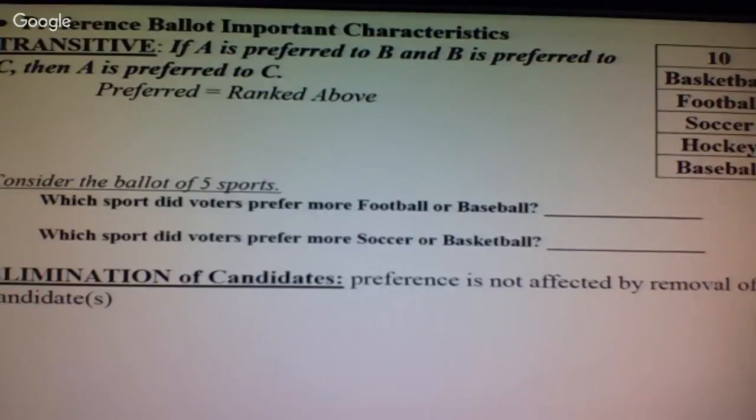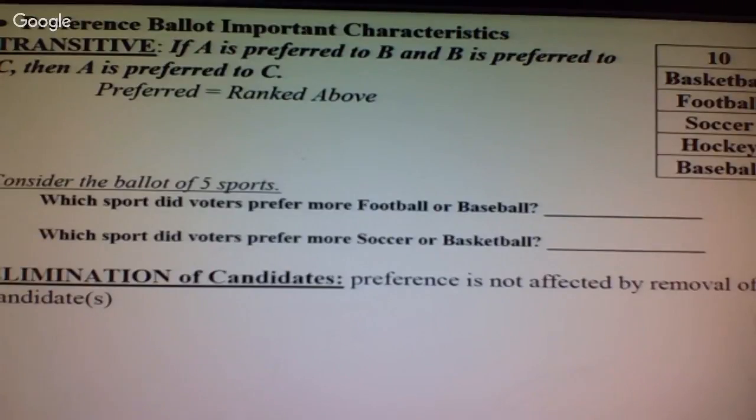Basketball is preferred over football, and football is preferred over soccer, which means basketball is preferred over soccer. Or football is preferred over hockey, and hockey is preferred over baseball, which means football is preferred over baseball. That's all that means.